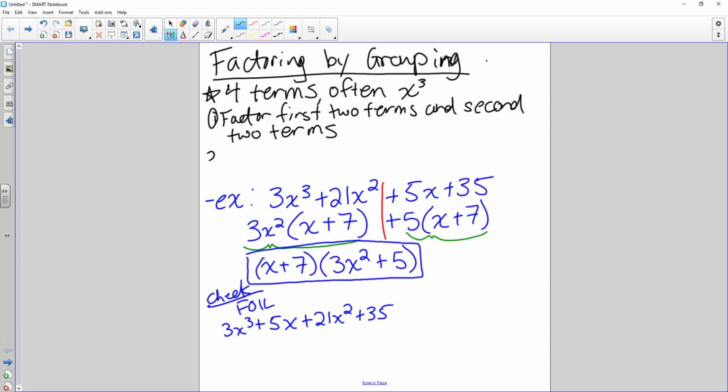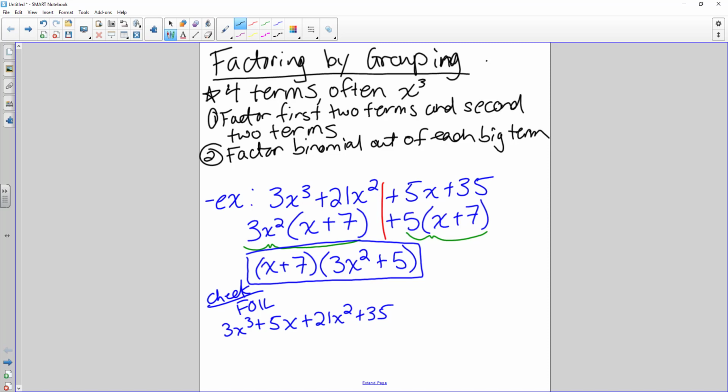And then after that, step 2 is factor the common binomial out of each big term, like what I had with the braces underneath.